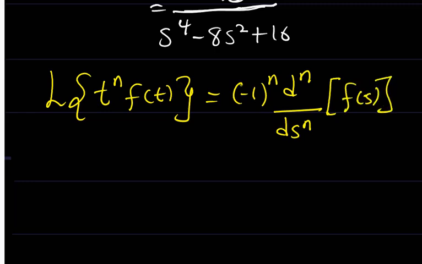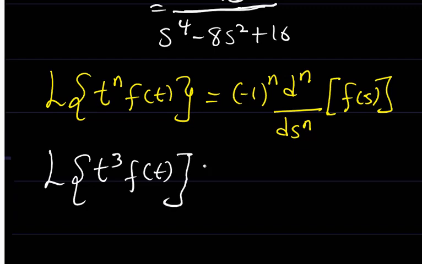Invariably, if it was t raised to the power of 3 times f of t, what you're going to do is multiply by minus 1 raised to the power of 3. Then we're going to do the third derivative.